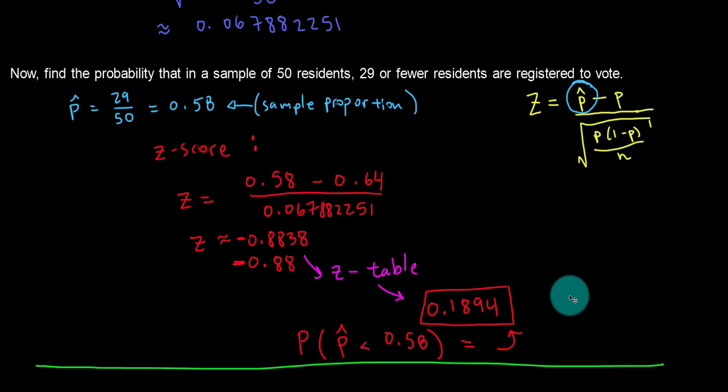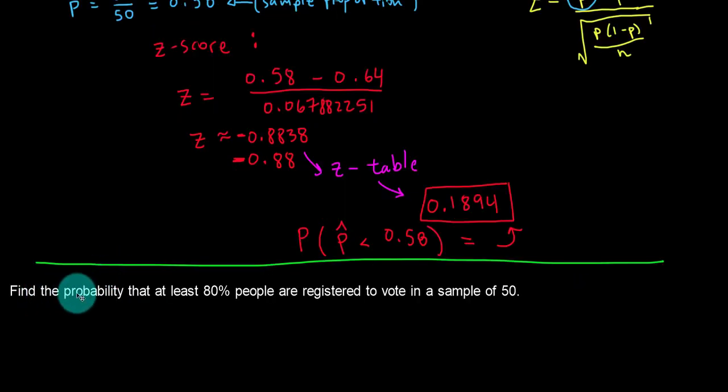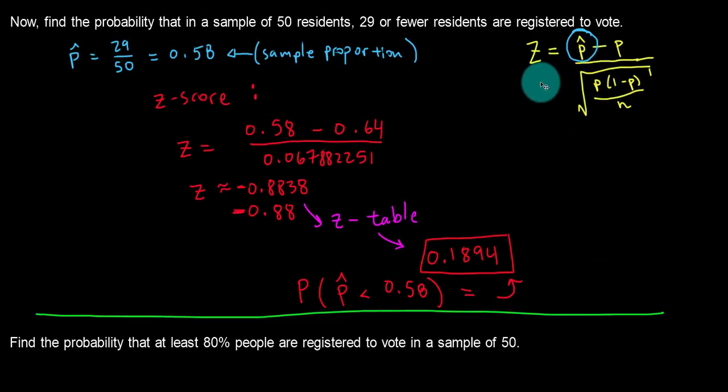Let's do another example. Let's find the probability that at least 80% of people are registered to vote in a sample of 50. So we're going to use all the same info from earlier, and we're going to use the same approach. We're going to find a z-score, take that z-score to the z-table, and get our probability.